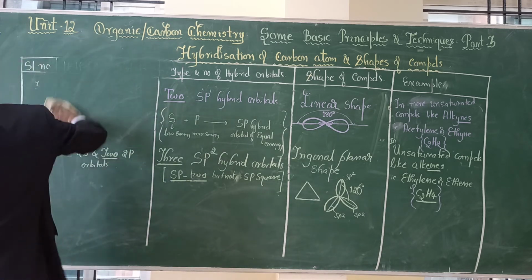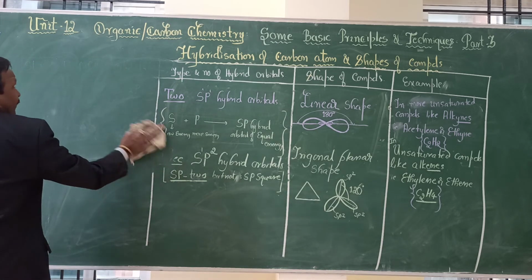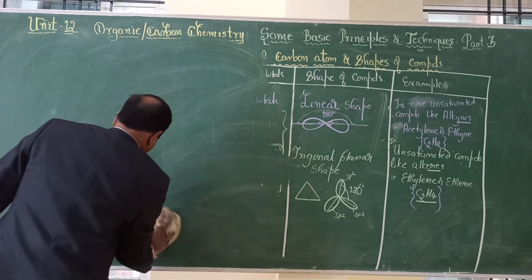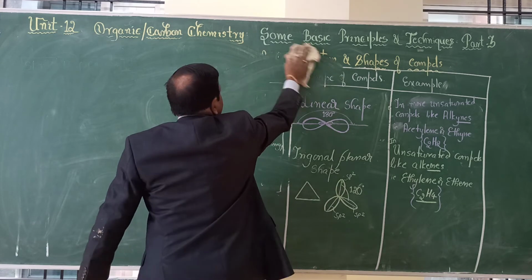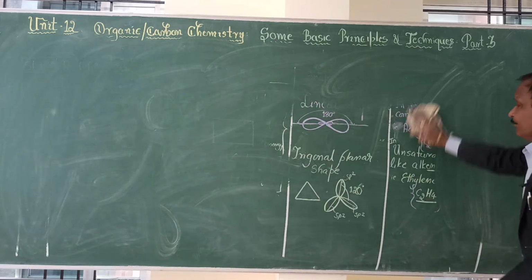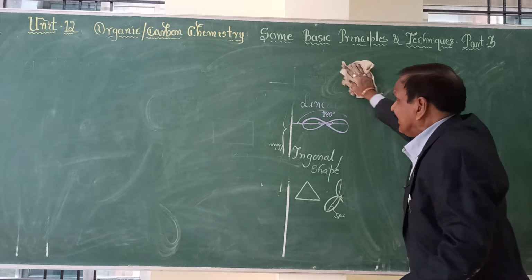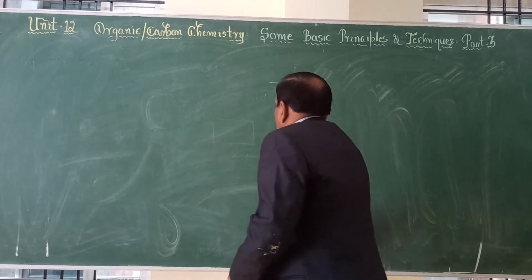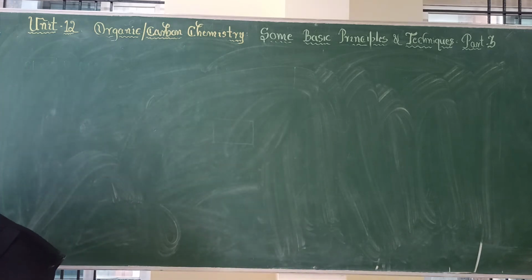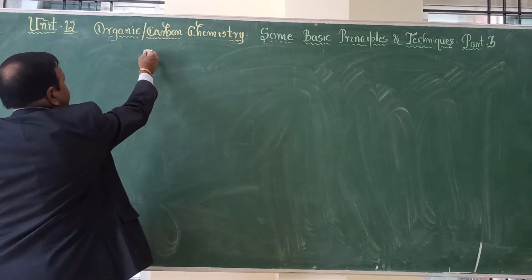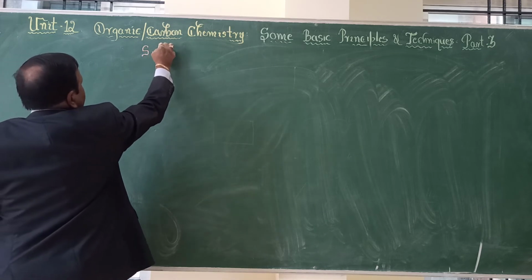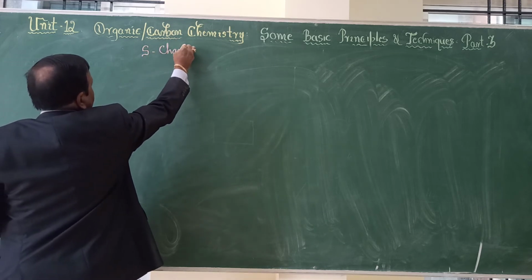Next, we are going to study a little more. What is S character, or percentage of S? That is what we are going to study. Okay, next we are going to study another principle, S character.